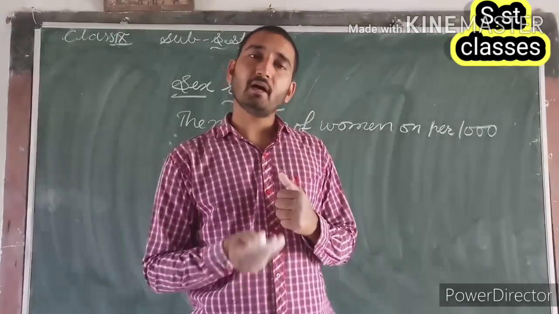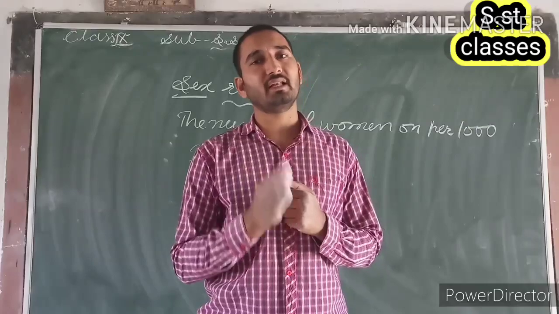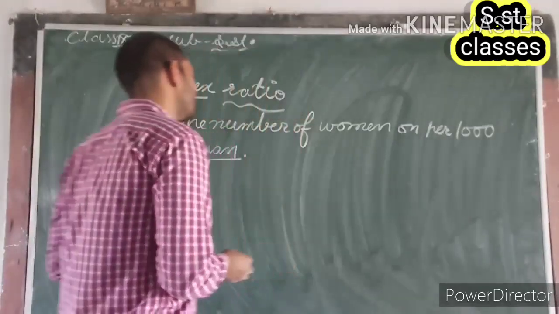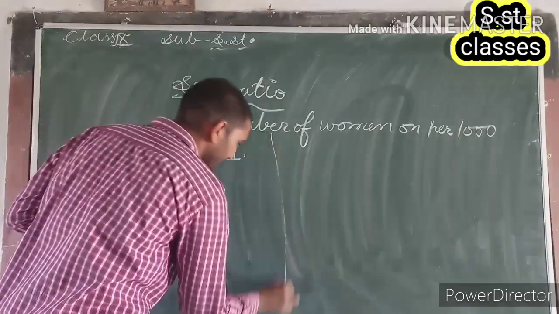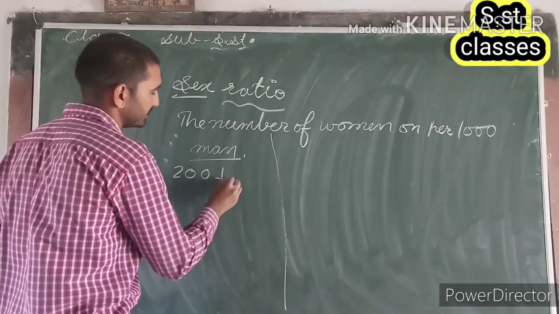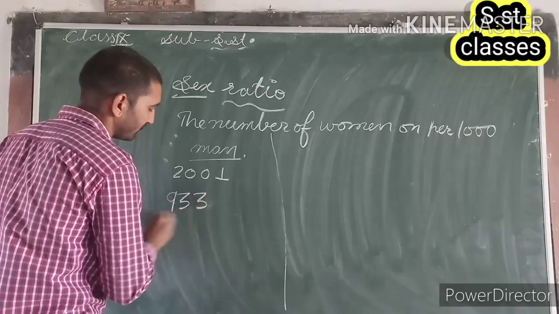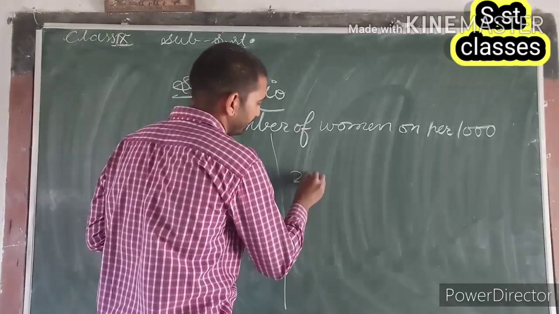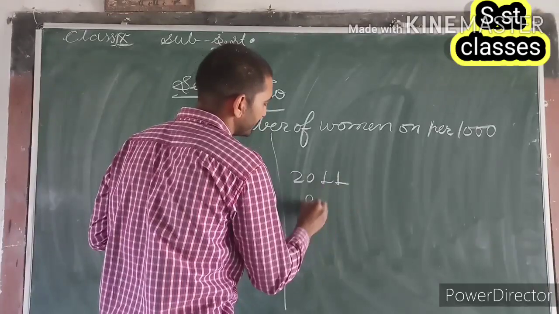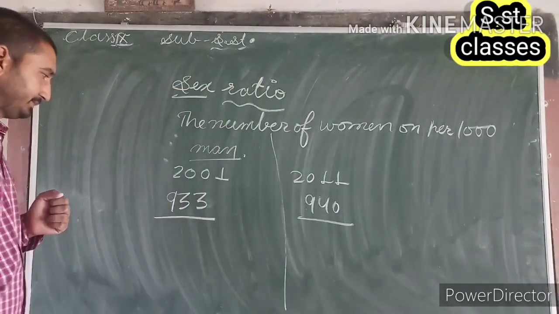Okay, so according to census data of 2001 and 2011, if we make an analysis, then we can say that the sex ratio of the country in the 2001 census was 933, which increased to 940 in the census of 2011.